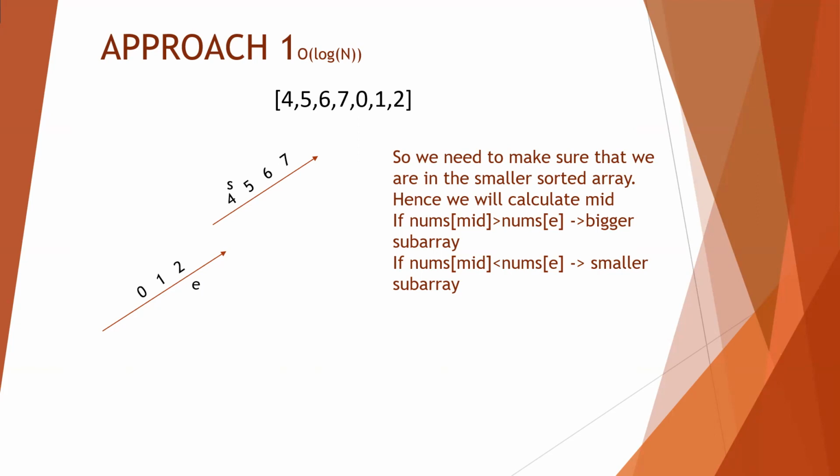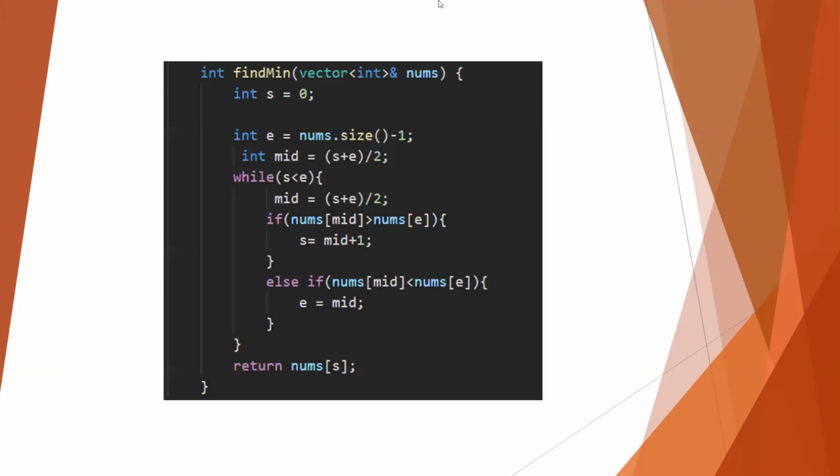Okay, so let's see the algo. Let's see the code so that it gets very clear. We have initialized start with 0 and end as our ending index. While s is less than e, we will calculate mid each time we iterate through the loop.